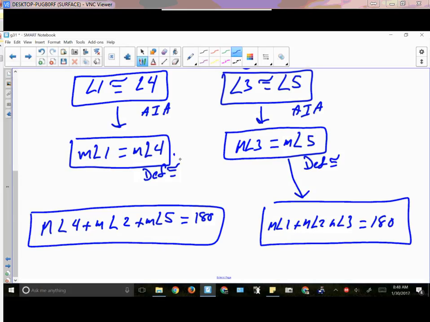I need this piece of information, that 4 is 1. I need this piece of information, that they are adding up, okay? So, this was just simply by substitution. And this is definition of straight angles.